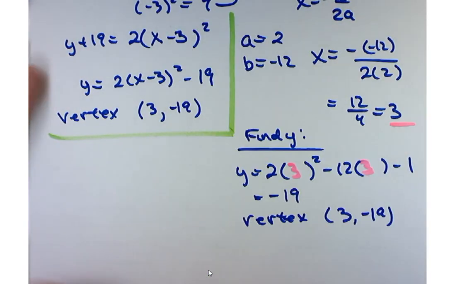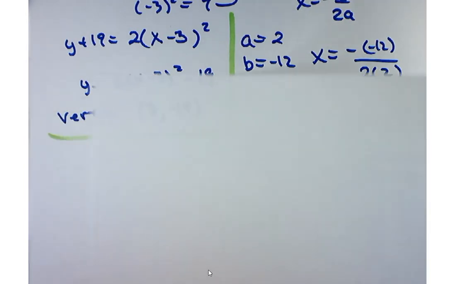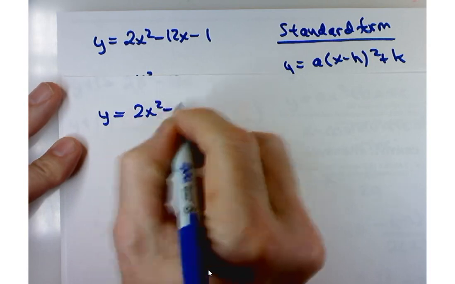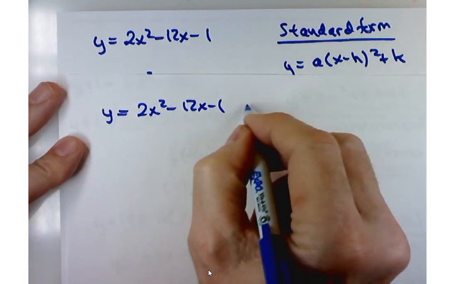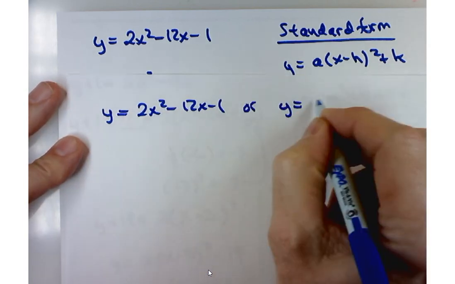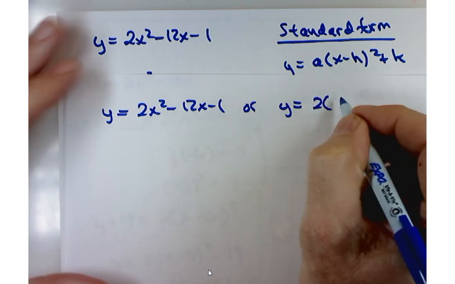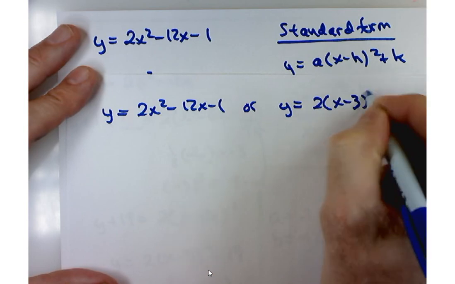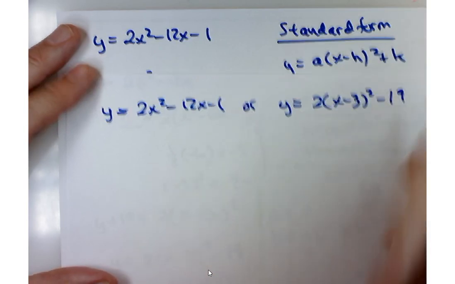Let's go back to this one. So what we succeeded in doing is we've got y equals 2 times x squared minus 12x minus 1, or you could also write that as y equals 2 times x minus 3 squared minus 19.